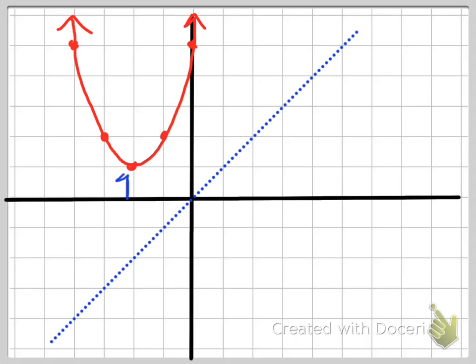If the coordinate of this point right here is negative 2, positive 1, that means the inverse of that point is going to be positive 1, negative 2. Taking a look at this coordinate point here, we have negative 3, positive 2, so the inverse is going to be positive 2, negative 3.